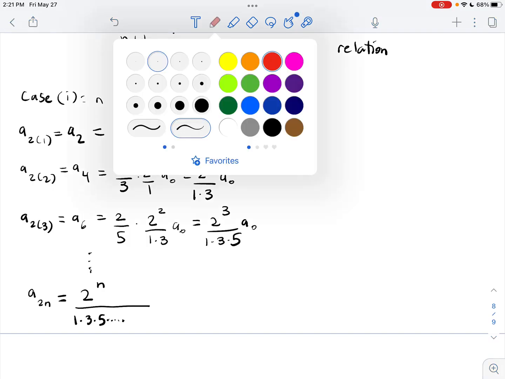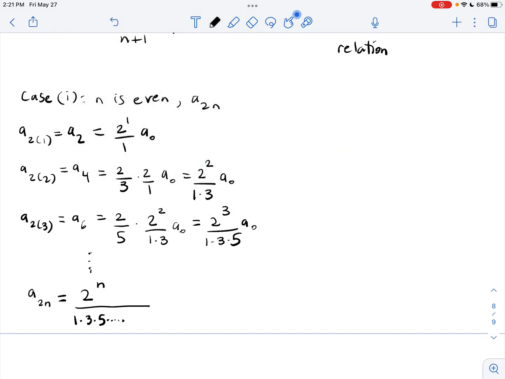So if we take that into account, that means we're going to end up at 2n minus 1, right? Because 2n is the term we're talking about, so we have to end up at 2n minus 1. Okay? So that's our nth term. We also have an a naught here.